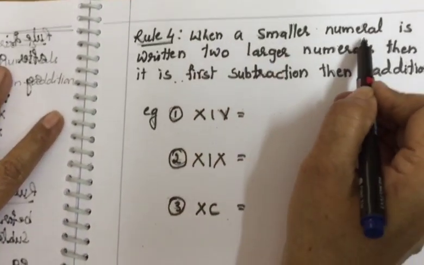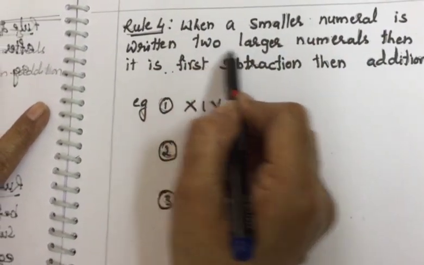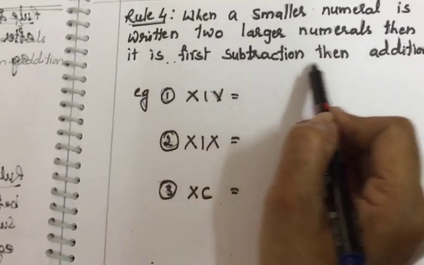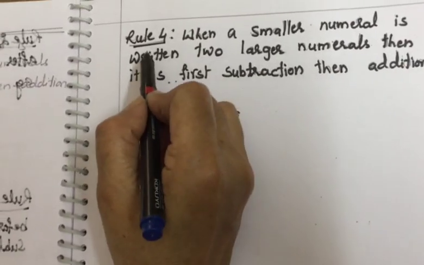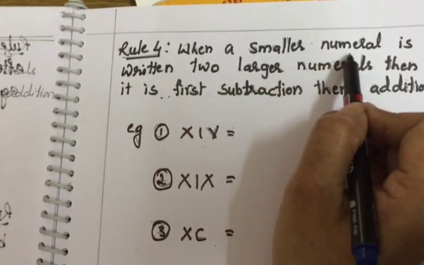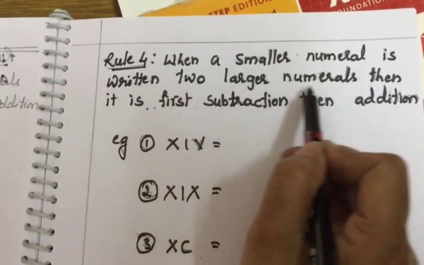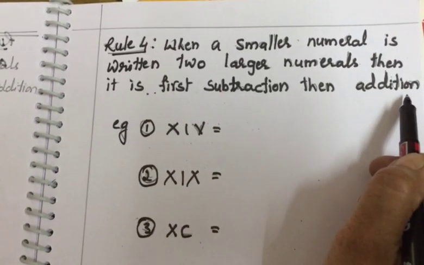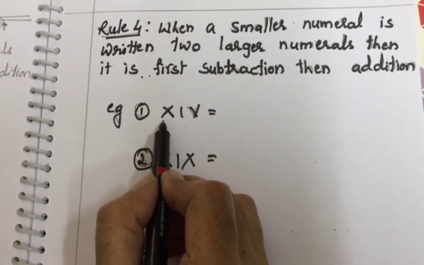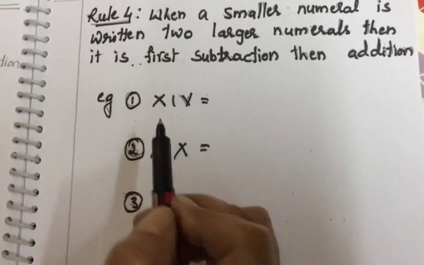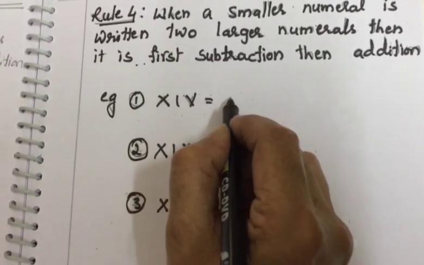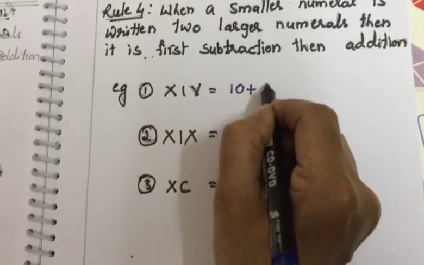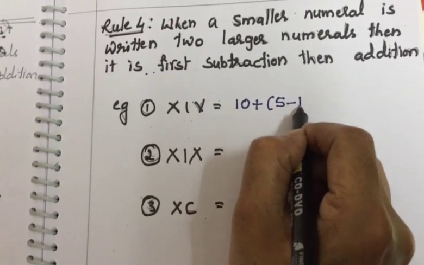When a smaller numeral is written between two larger numerals, then it is first subtraction, then addition. Children, here this is a larger number, this is also a larger number, and in between a smaller number is there. So what you have to do? First this letter as it is you write, 10 plus this 5 minus 1.